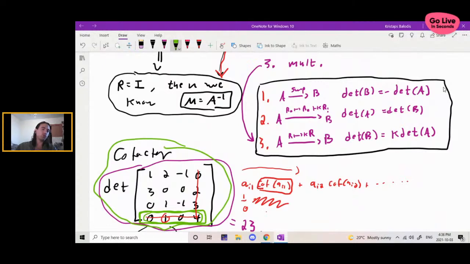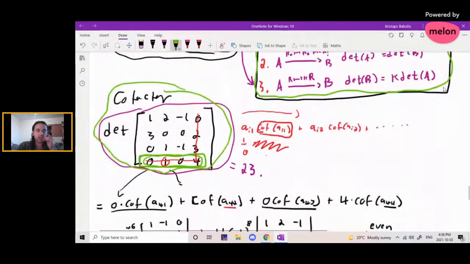We had some rows of zeros to cofactor expand along. What if you didn't have that? Well, we could perform row operations to get a simpler matrix, solve the determinant there, and then we simply know how we have to adjust that determinant to get the original determinant.